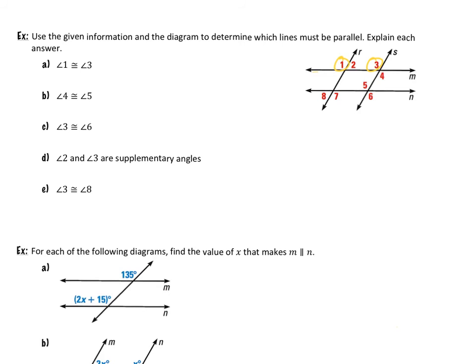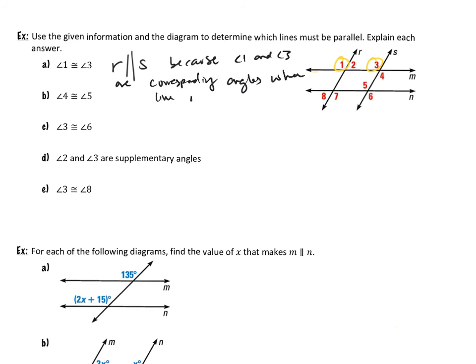So we can say that R is parallel to S, and we'll write the same thing we just said, because angle 1 and angle 3 are corresponding angles when line M is a transversal of lines R and S.